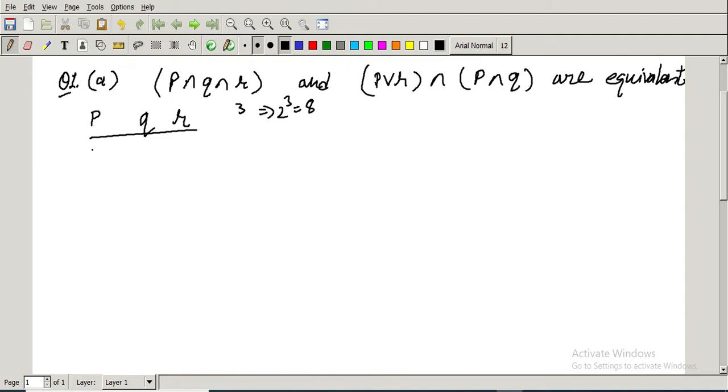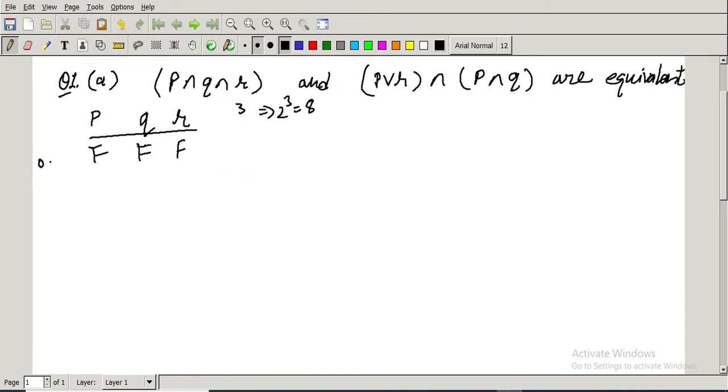Let me write it like that: true, false, false, false. I remind you in this question because these types of questions are asked more in your exams.